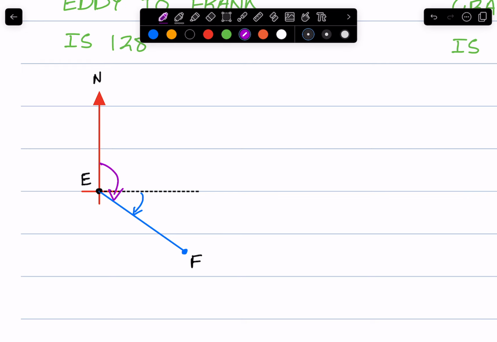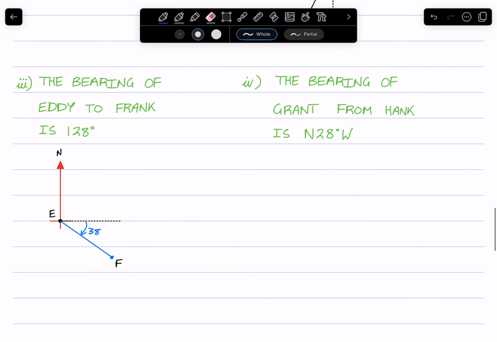Since this is 128 and this would be 90, that blue bit there would just be 128 minus 90, which would be 38 degrees. Right, so that there is the diagram of this example.